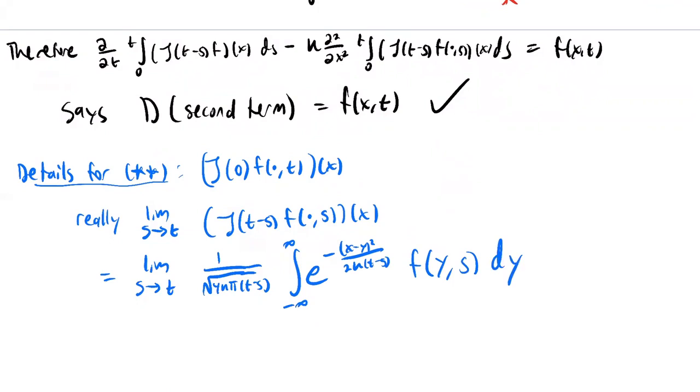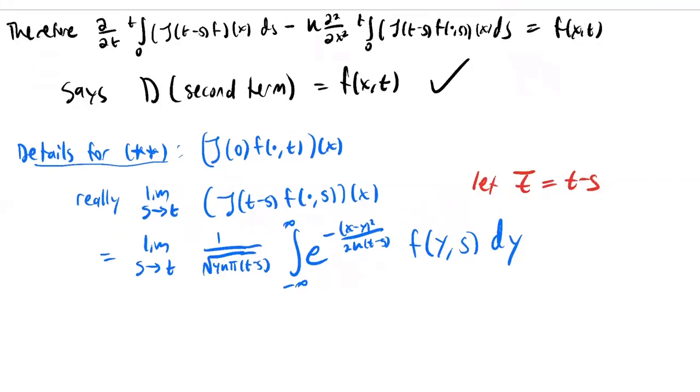And so what I'm going to do is, well, let t bar equal t minus s, right? And so if I do that, then this becomes limit as t bar goes to 0. This becomes t bar, and this term also becomes t bar. And then s becomes t minus t bar, right?